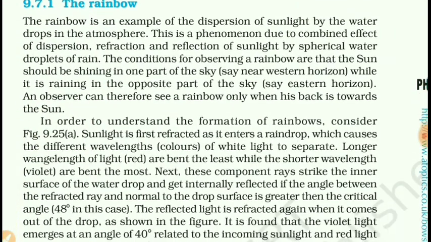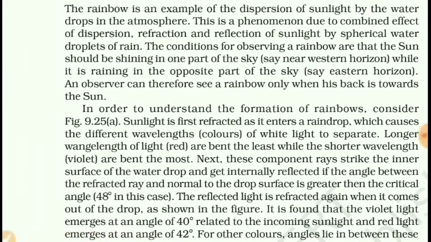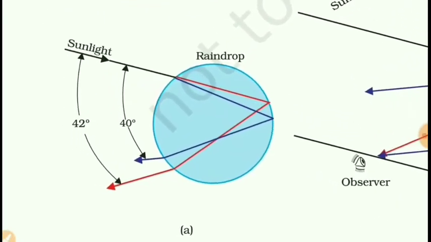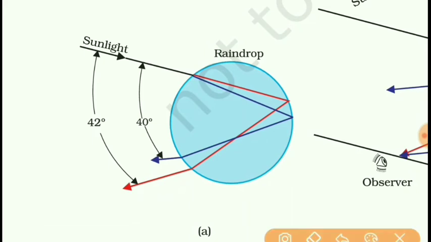Now students, here formation of rainbow is shown. How the rainbow is formed. Students, a rainbow can be observed in the morning or in the evening only. During afternoon, the rainbow cannot be observed.